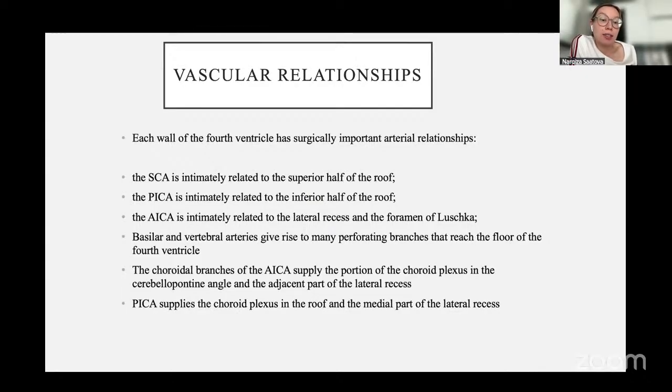The AICA is intimately related to the lateral recess and the foramen of Luschka. Basilar and vertebral arteries give rise to many perforating branches that reach the floor of the fourth ventricle. The choroidal branches of the AICA supply the portion of the choroid plexus in the cerebellopontine angle and adjacent part of the lateral recess. And the PICA supplies the choroid plexus in the roof, the medial part, and the lateral recess.